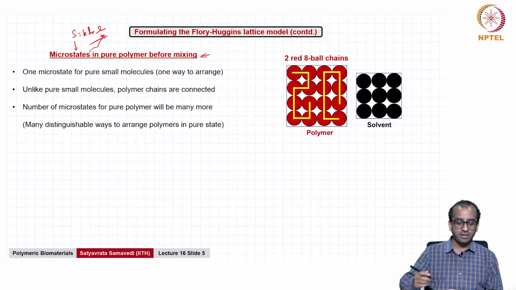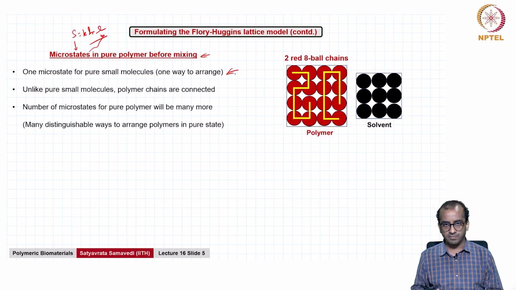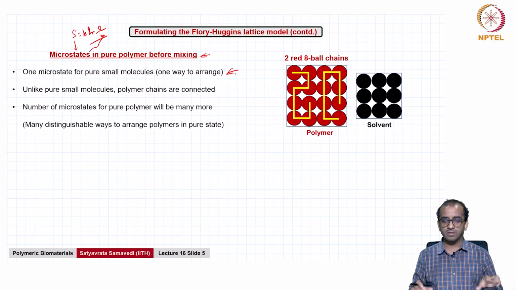So, before mixing, for small molecules we saw that there was only one way to arrange them, right. If you replace a black with a black ball, we saw this in lecture 15, you will not be able to tell the difference. If you replace a red with a red ball, you will not be able to tell the difference, again assuming both are unmixed in the pure state. So, there is only one unique way for us to arrange, which means omega is 1, S will go to 0.